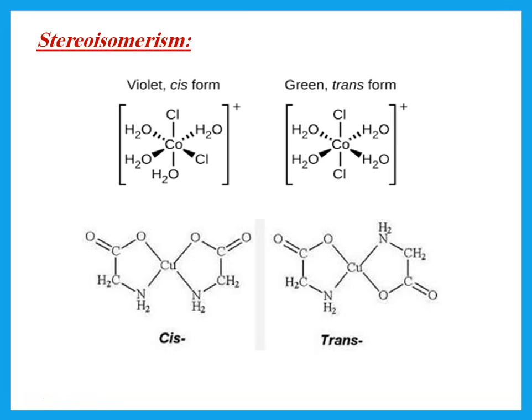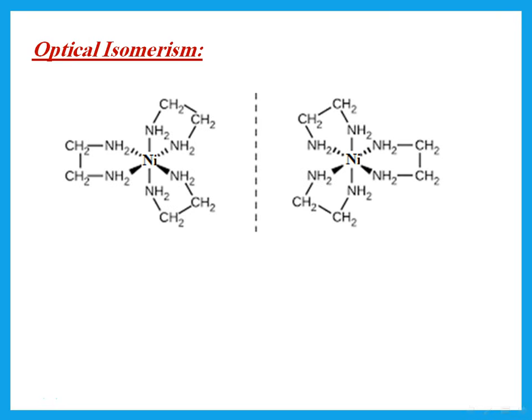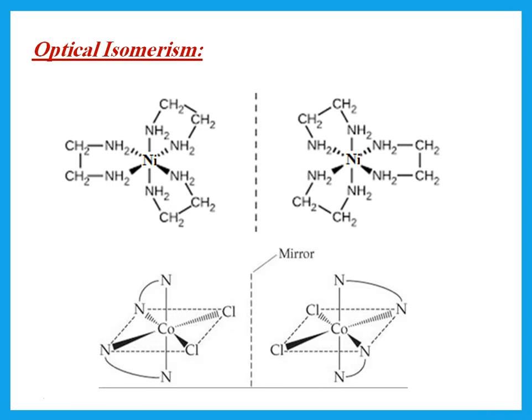So we say these are cis and trans. We can also have optical isomers. Remember that optical isomers are ones in which we have mirror images that are not superimposable on each other. So this is an example of an optical isomer. This also is an example of an optical isomer in which the mirror images are not superimposable on each other.